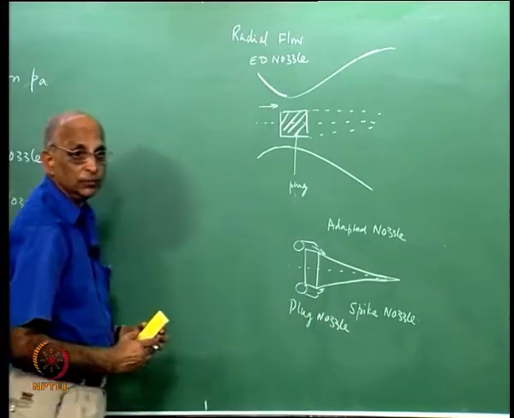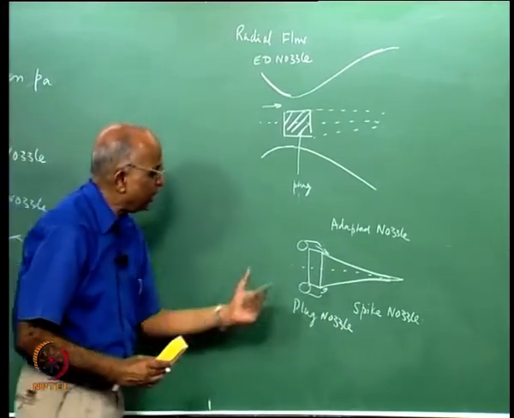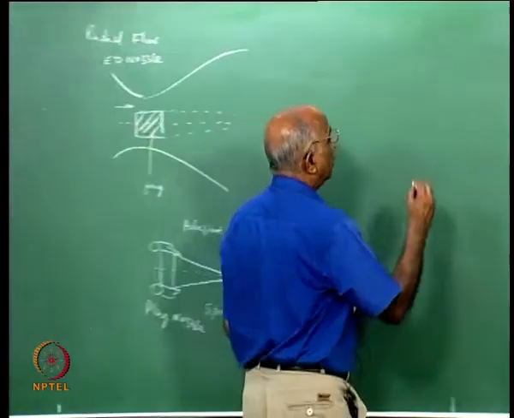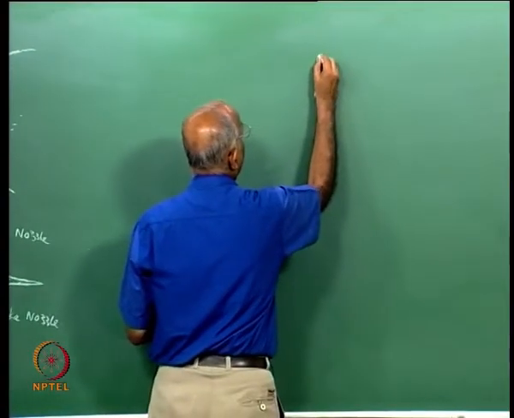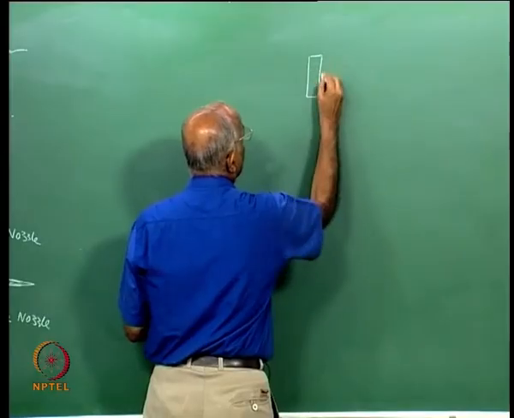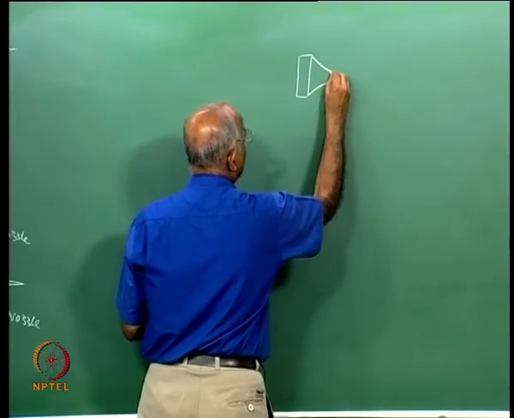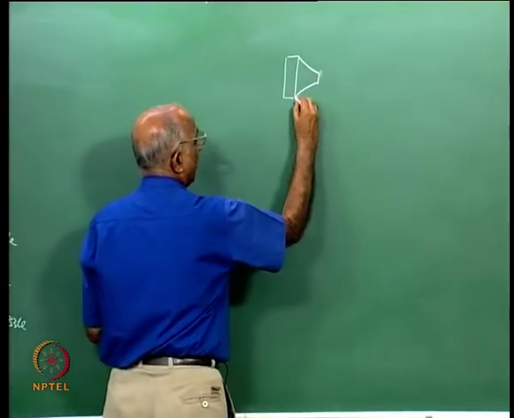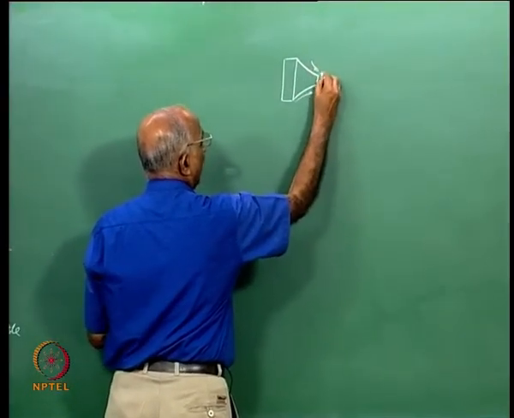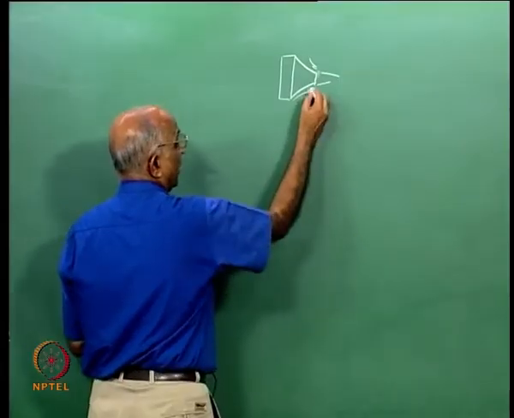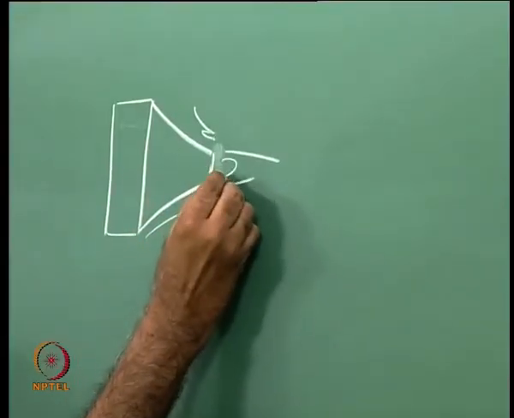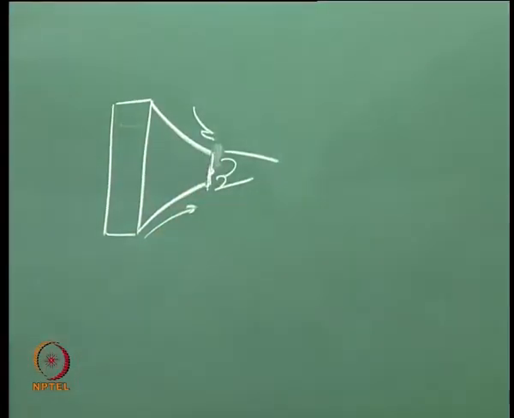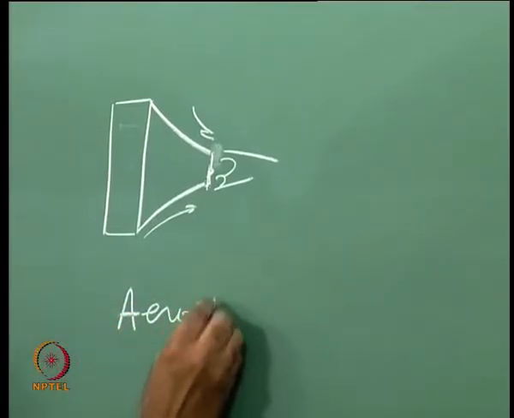I could still have some variation, this particular plug which is at the center, I could terminate it a little earlier, somewhere here, I do not allow the total spike. In other words, I have primary flow along this, I have the shock waves here and the secondary flow here, I have recirculation of base pressure here, and this becomes what we call the aerospike nozzle.